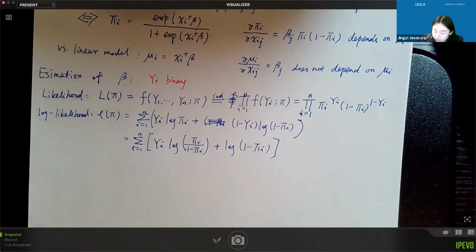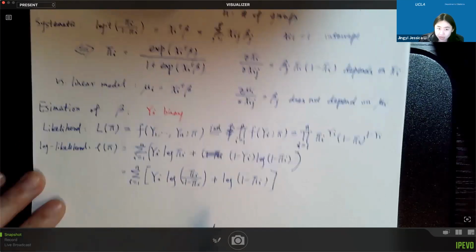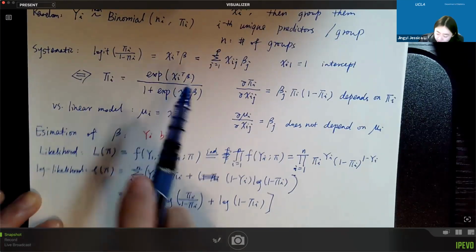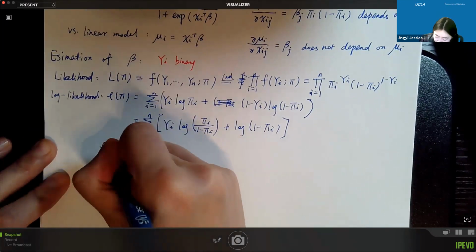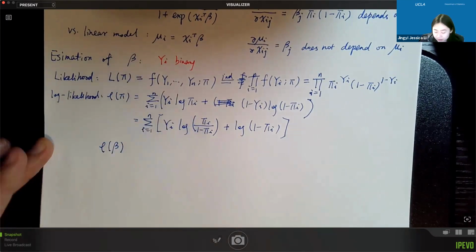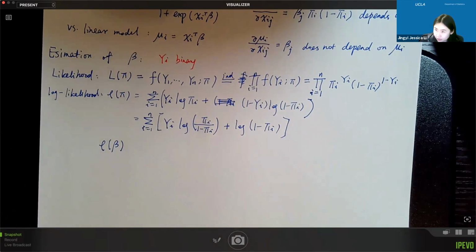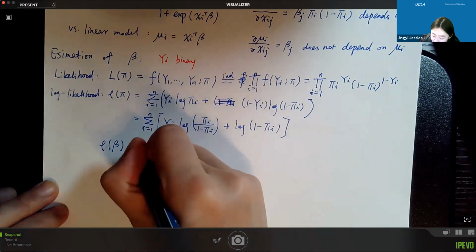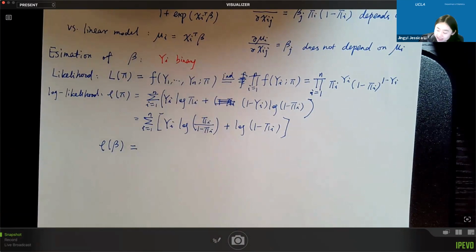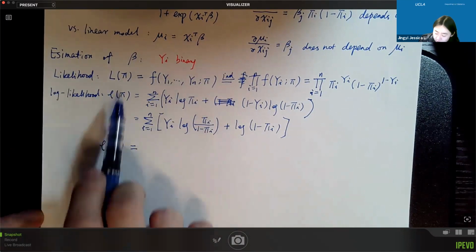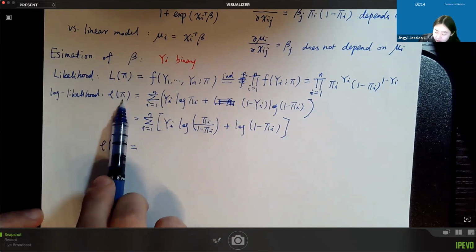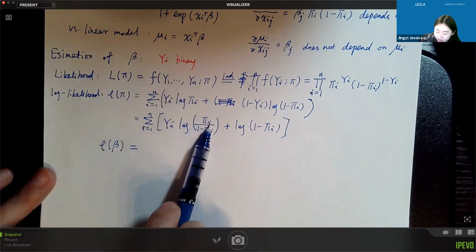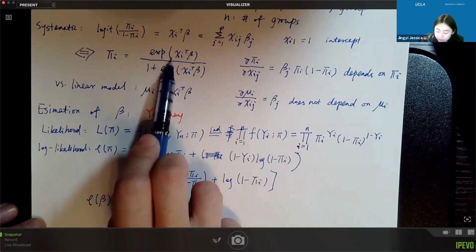And now I'm going to use the relationship between pi i and beta. So I can rewrite this as the log likelihood for beta. This is just to replace pi with beta. And one thing I want to emphasize here is that to go from pi to beta, we just need to replace each pi i by this function of beta.